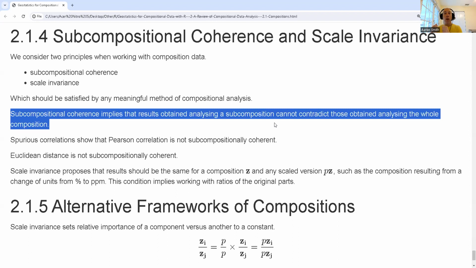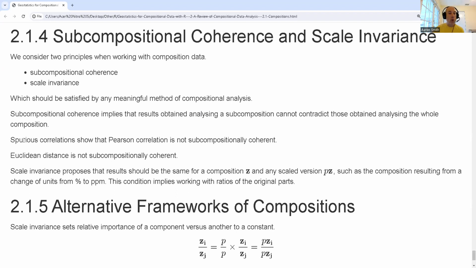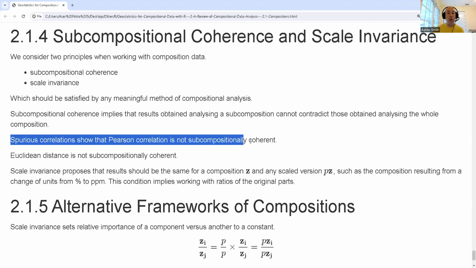I look at only those columns. I dig in and I see that if I consider the whole set of columns, I get contradictory results. I don't trust the subcomposition analysis in that situation. Spurious correlations show that the Pearson correlation is not subcompositionally coherent.